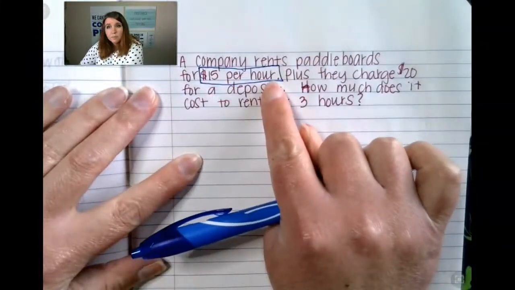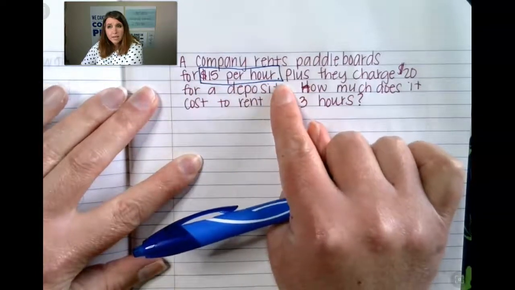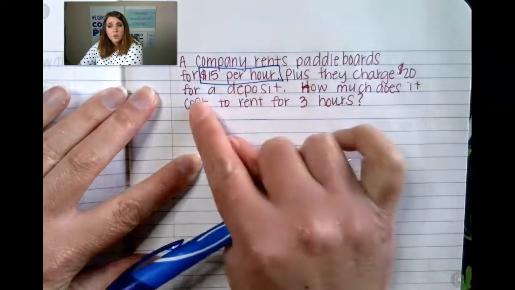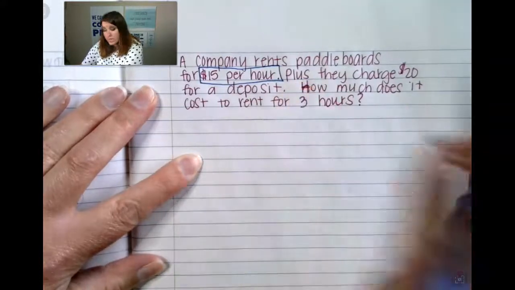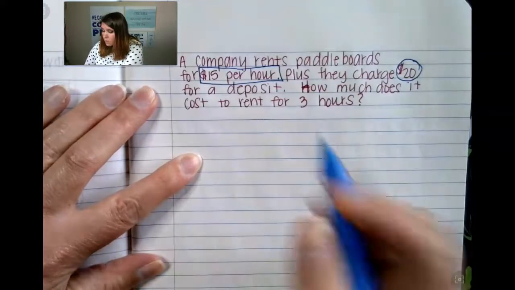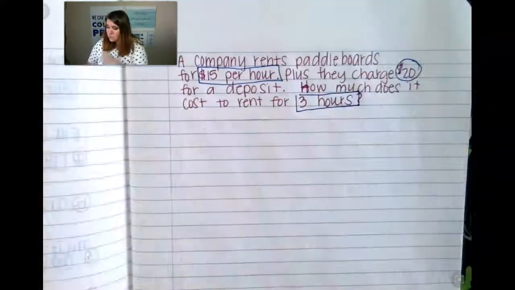This is important because we don't know this, right? Okay, they charge $20 for a deposit, plus they're charging this. And we want to know how much is it for 3 hours.